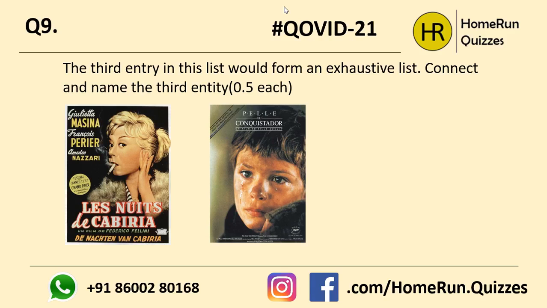And the third movie, as you could find out, was the movie Lagaan, which lost to No Man's Land. So the third entry would be No Man's Land, the winners of Best Foreign Language Film when an Indian film was nominated.